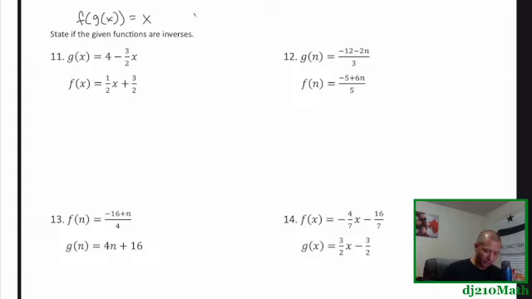Then we switch and compose the functions the other direction and again hope for x. If and only if both compositions equal x, then they are inverses. If for whatever reason they don't output x, then they're not inverses. Specifically, they have to output x, both of them simultaneously.